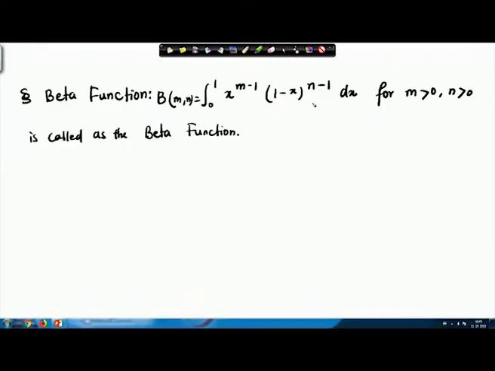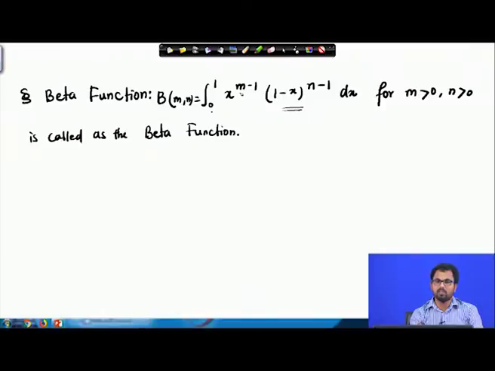So, at x equals 1, when n is less than 1, we will have a point of infinite discontinuity. Similarly, at x equals 0, when m is less than 1, we have a point of infinite discontinuity.